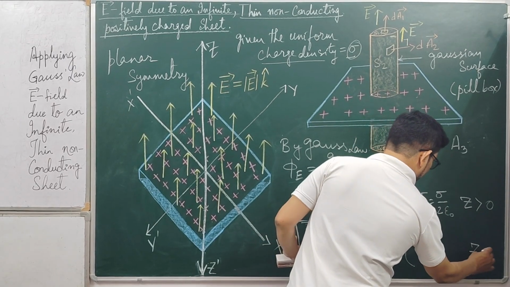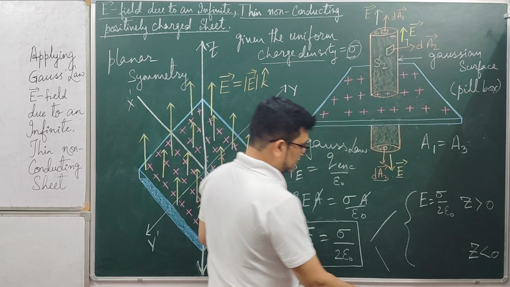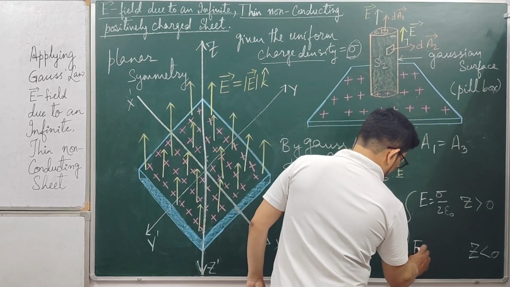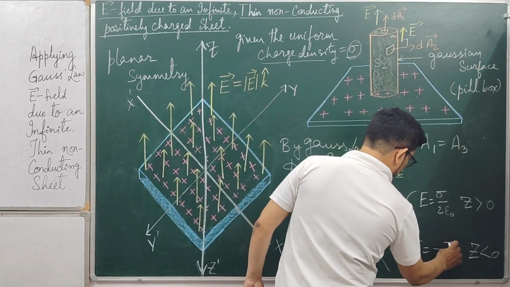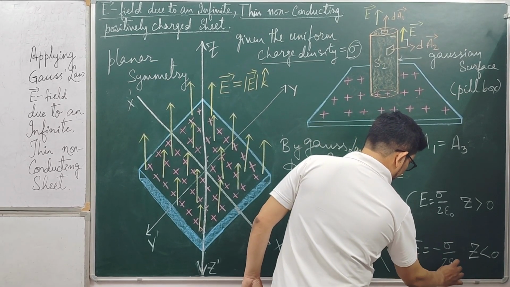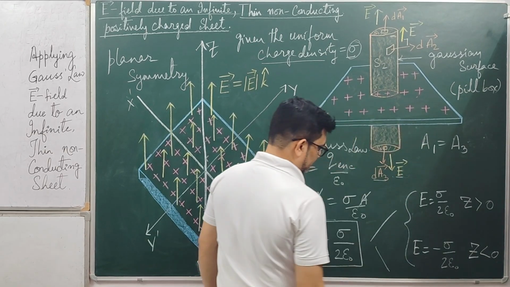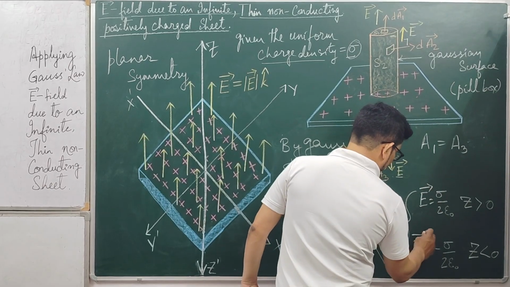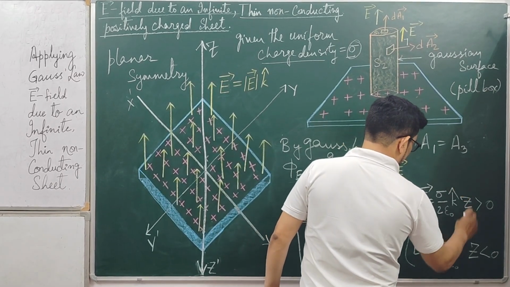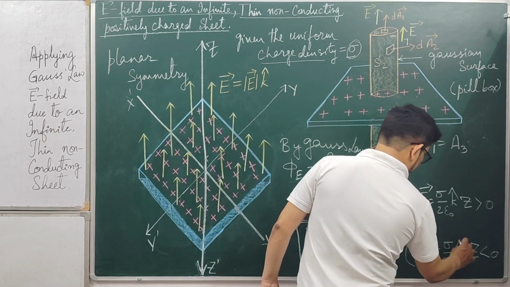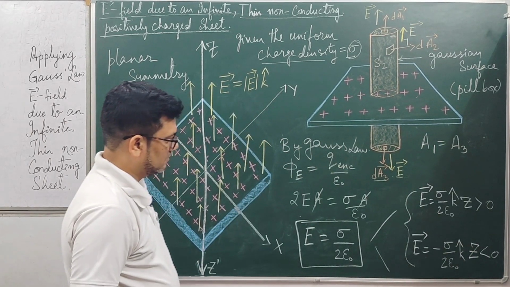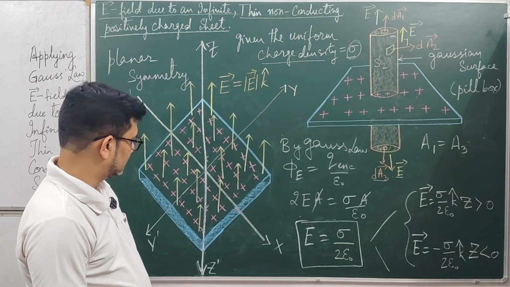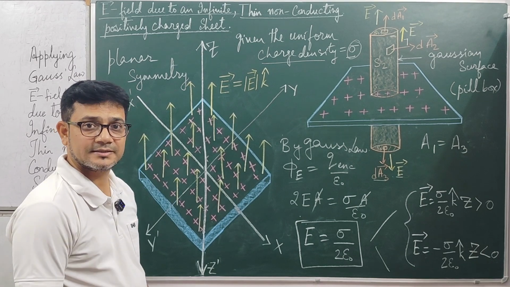If you take the negative z-axis, that is z less than 0, then E should be equal to negative of sigma divided by twice of epsilon naught. Why? Because if you mention the vector sign, it would be k cap here, and here it would be minus k cap, in the situation when we have the negative z-axis, which is less than 0.